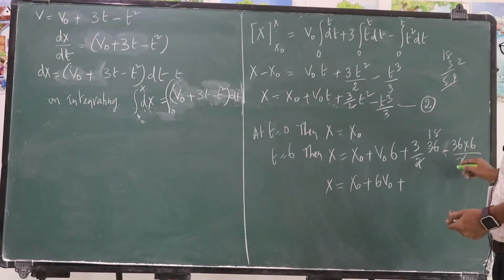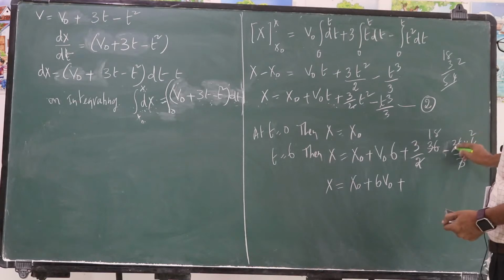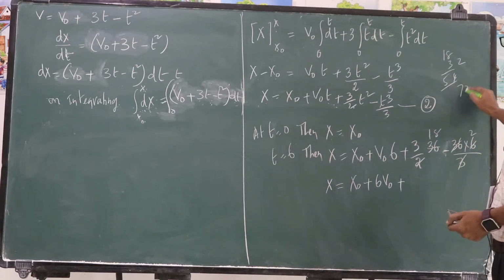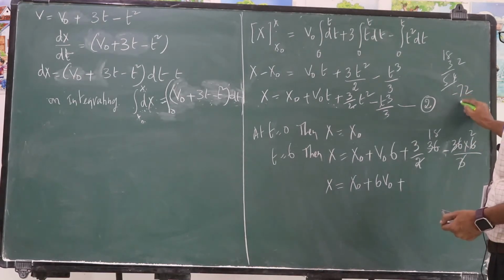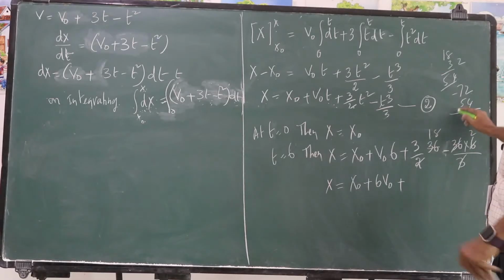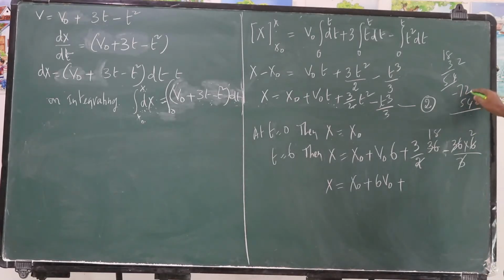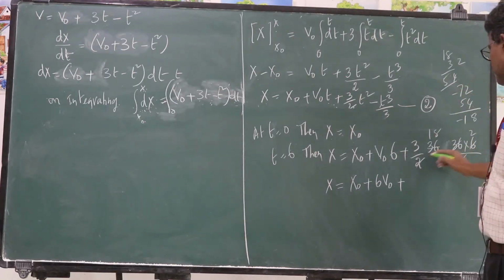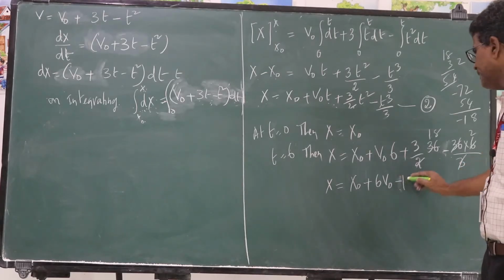Here it is minus, 36 into 6 by 3, 36 into 2, 72. So 54 minus 72, how much did you get? Minus 18.